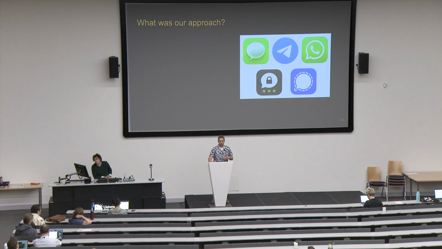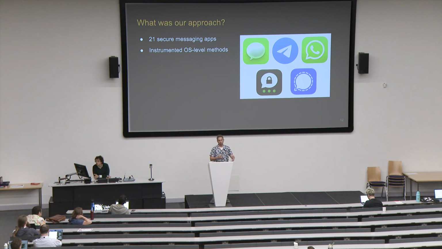So what was our approach to answer our questions? Well, first of all, we selected 21 secure messaging apps from Google Play Store with millions of daily active users. We then instrumented the relevant methods on the Android operating system level that are responsible for receiving push notification messages from Google's push service and then passing it to the correct app.